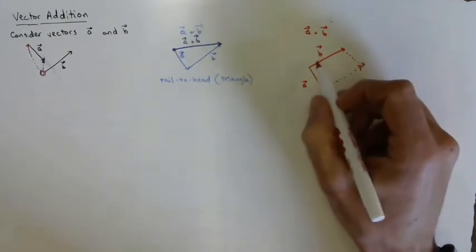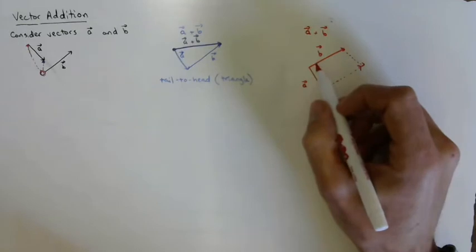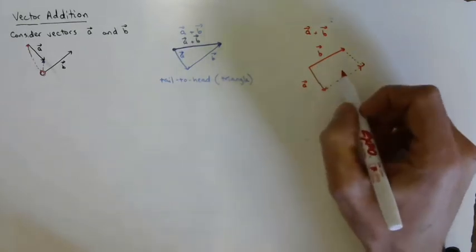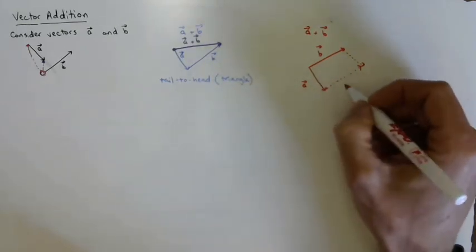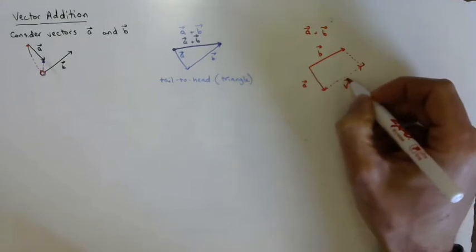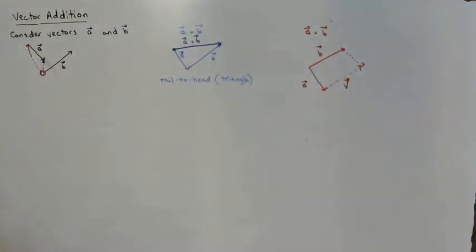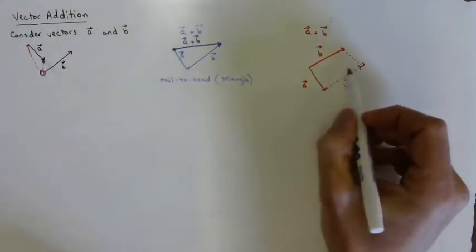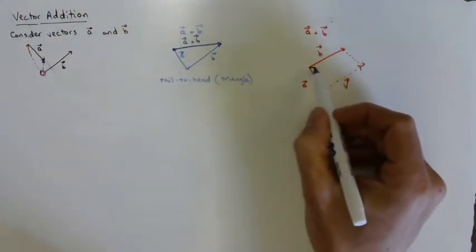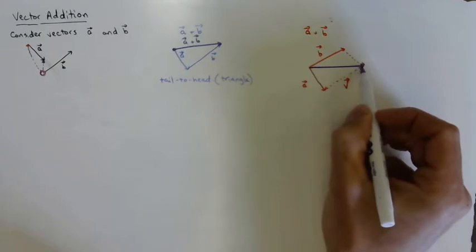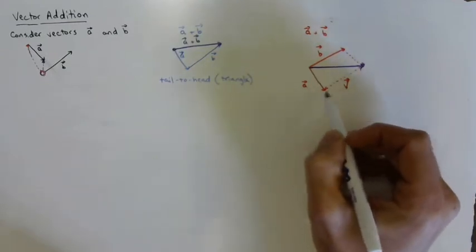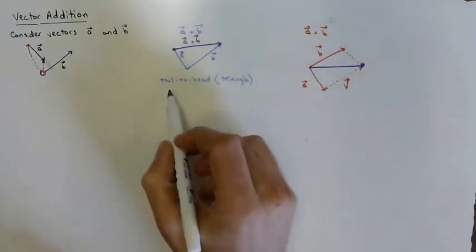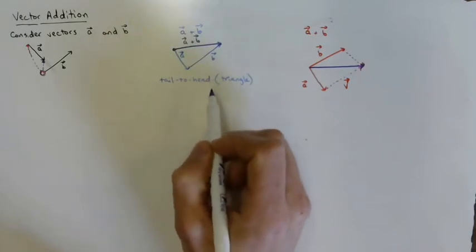I can call the parallel vector to vector b, let's just call it vector v. And now what I've indicated is that a plus b is actually the same as a plus v using the triangle tail to head method.